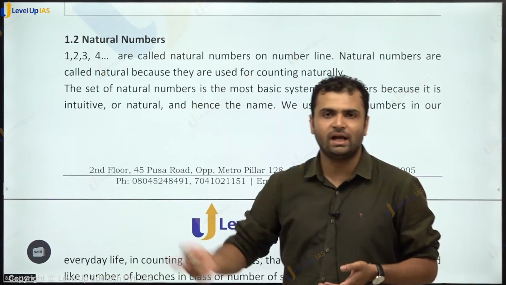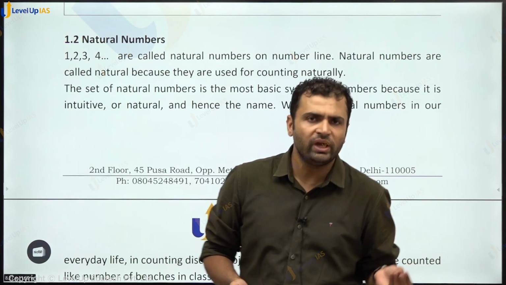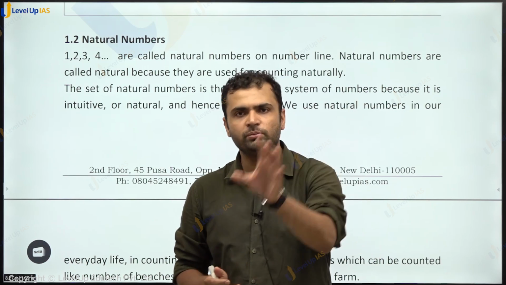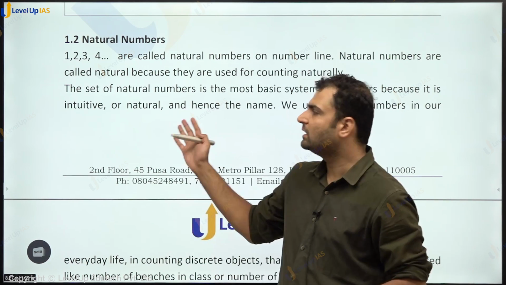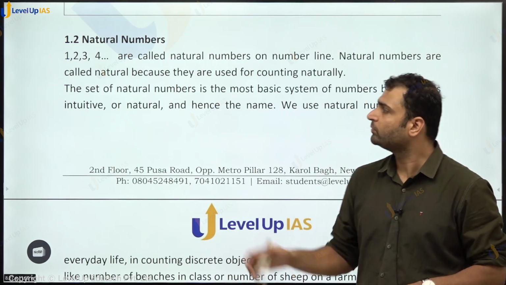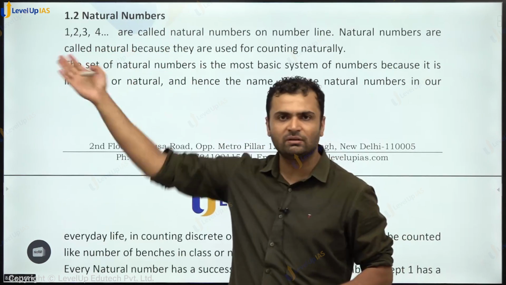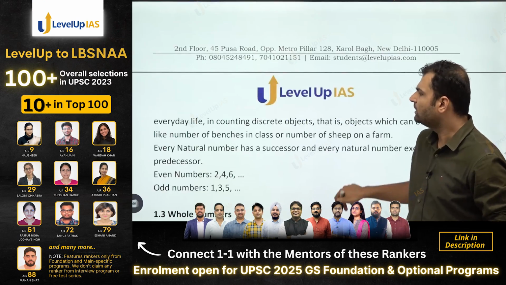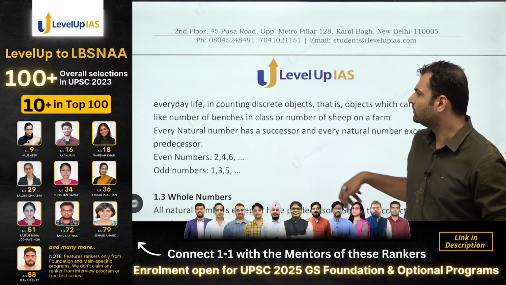See, firstly, the natural numbers: it is the way we count naturally, that is 1, 2, 3, 4. The discrete objects that we count naturally is what natural numbers are all about. So these are called natural numbers, 1, 2, 3, 4 up to infinity. They go up to infinity. It is everyday counting.